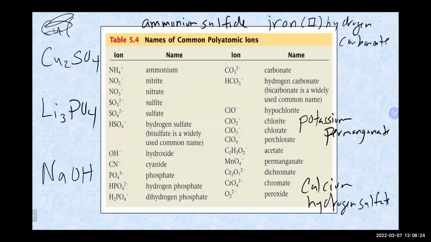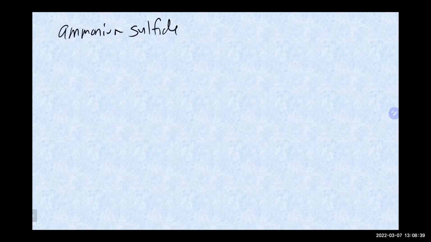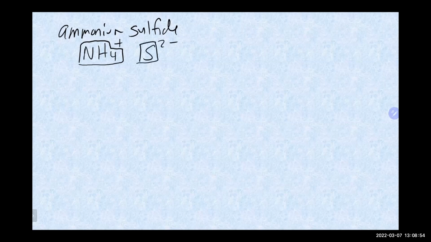All right, so going back here to our other ones that we want to write some names for, we have ammonium sulfide. So let's take a look at that. In this case, ammonium is NH4+. Sulfide is actually sulfur on the periodic table, which is group number 6, which has a -2 charge.